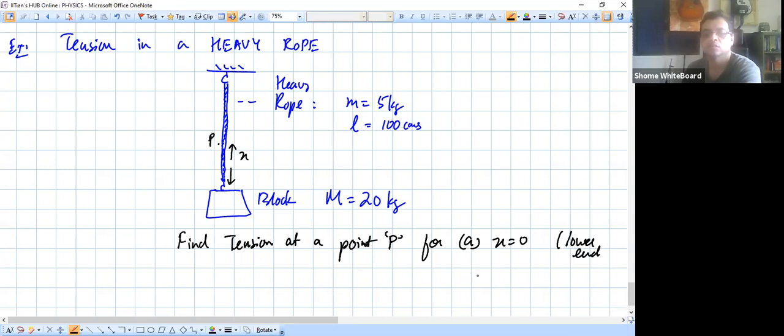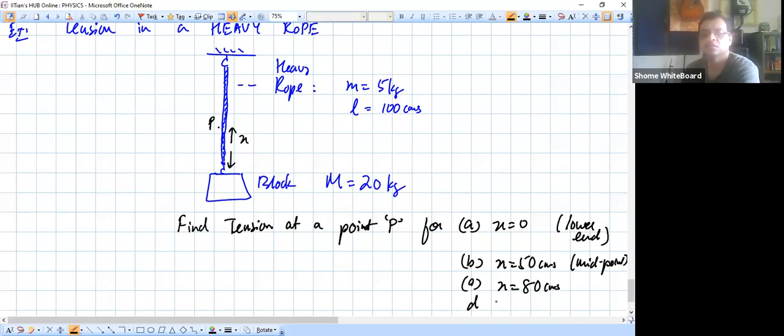Then x equal to 50 centimeters, that is midpoint. Then x equal to 80 centimeters, and finally x equal to 100 centimeters, that is the top end of the rope. So we'll make the same free body diagram method. For the lower end, just make the FBD of the block. For the midpoint, make the FBD of half the rope plus the block.